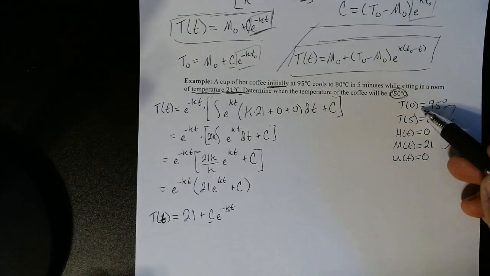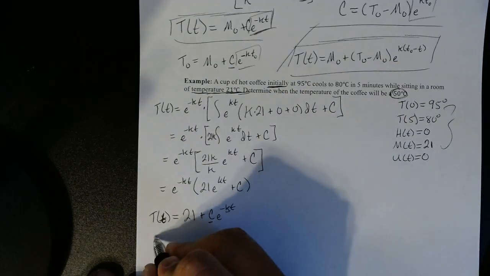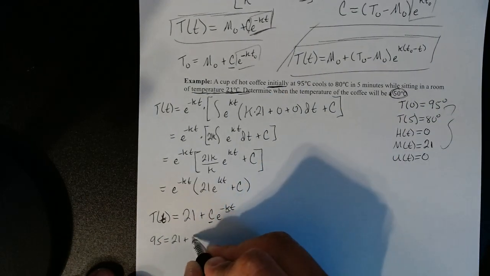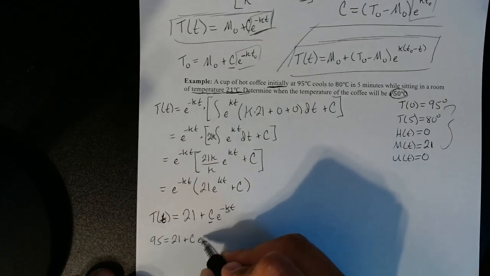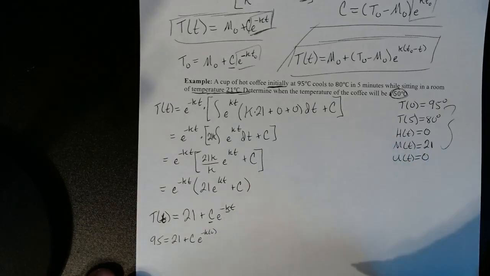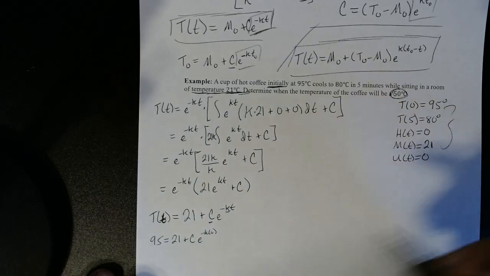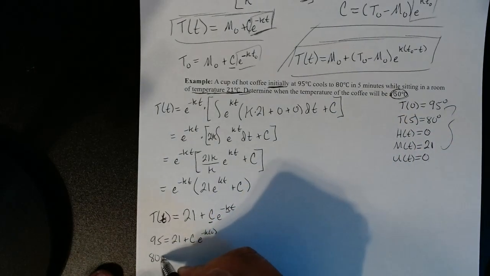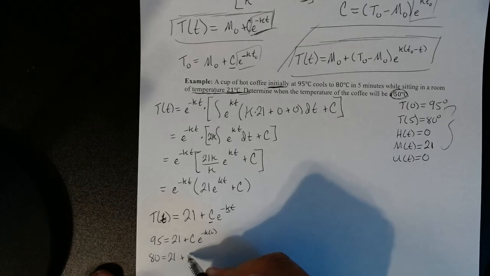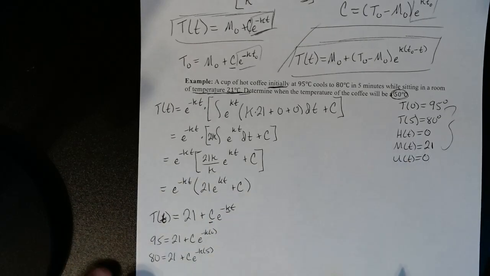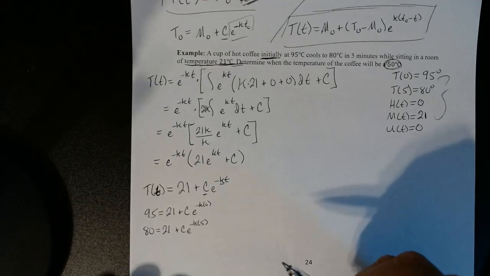So setting time to be 0, we get 95. And then setting time to be 5, we get 80. We get these two equations.